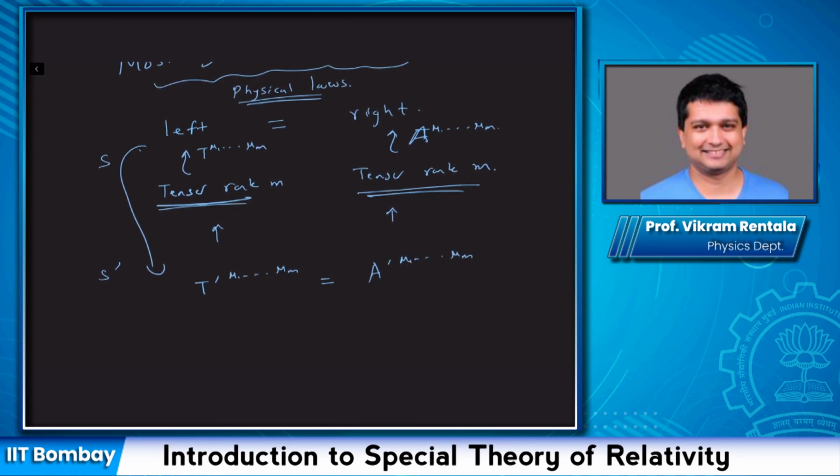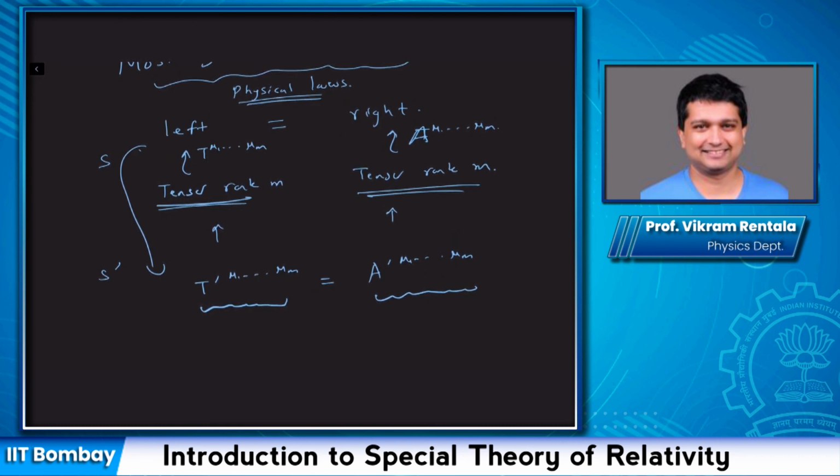Okay, what is important is that the collection of objects that you've written down over here and the collection of objects that you've written down over here transform in exactly the same way under Lorentz transformations. That is, they should transform like exactly the same tensor, or tensors of the same rank.